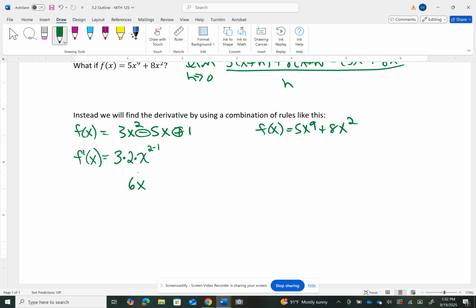Then I can go to the second term. And on that one, you get used to just knowing it's going to be minus 5. But on that one, it's really kind of like the first term. It's just there's an understood exponent of 1.